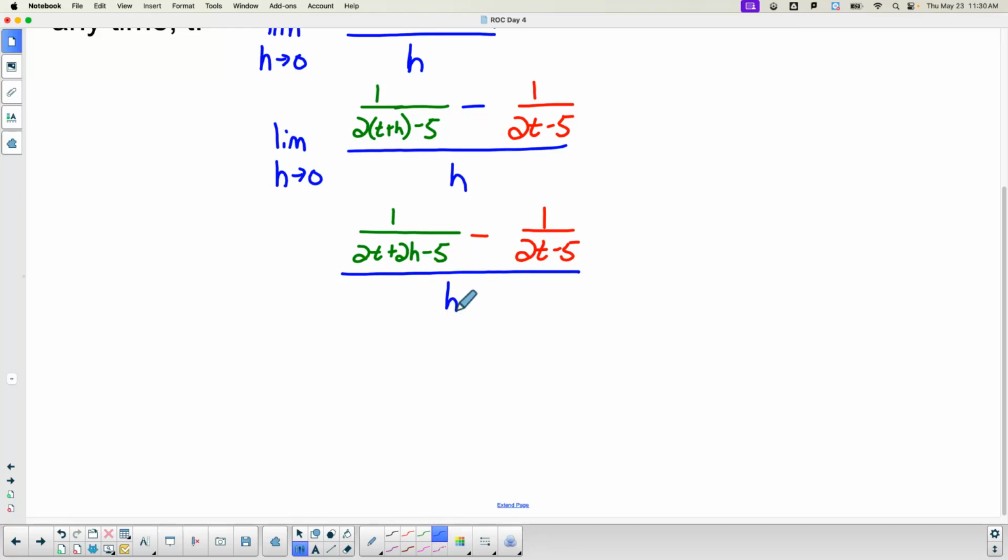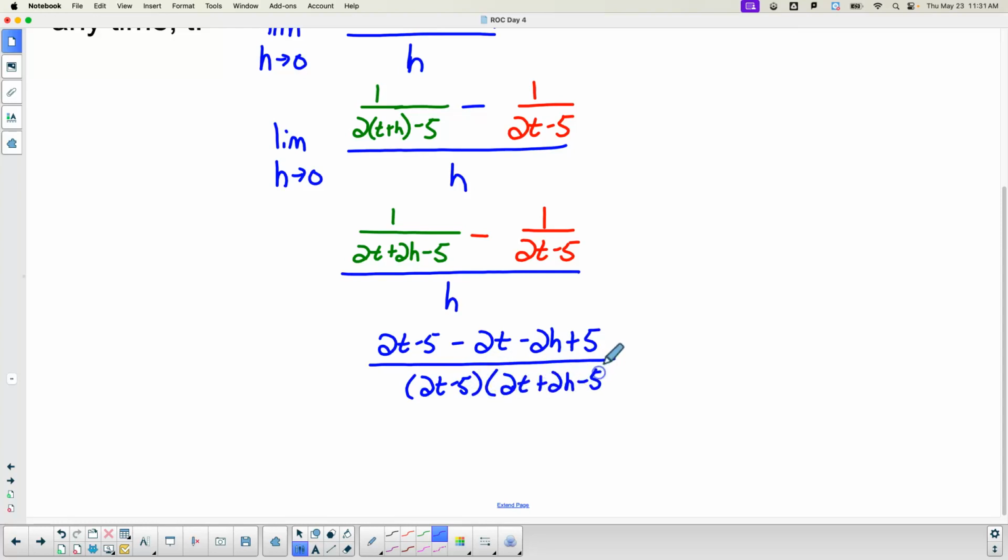So what are we thinking here? Gotta multiply the bottom, 2t minus 5. So what you're telling me is this becomes 2t minus 5 minus 2t minus 2h plus 5, all over 2t minus 5 times 2t plus 2h minus 5, and then can I keep change flip this right away?